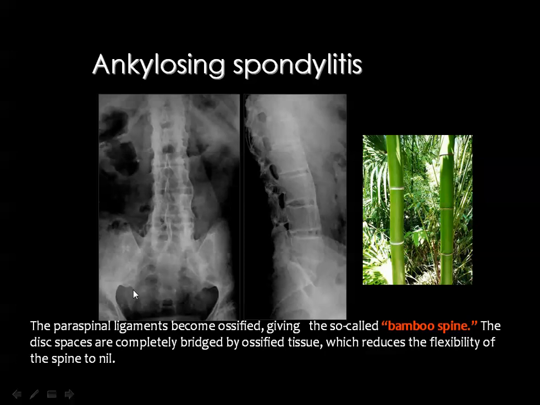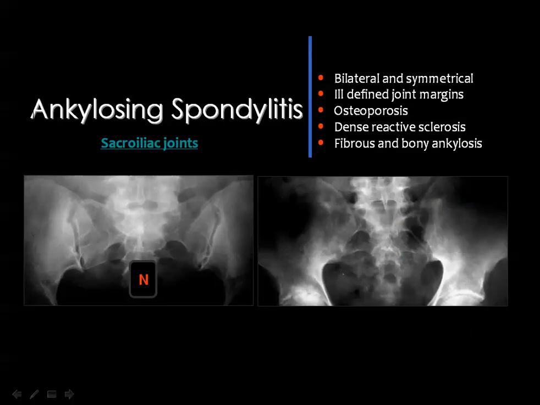Then in the frontal view, you can easily appreciate the loss of the sacroiliac joint space and the calcification of the spinal ligaments all around.